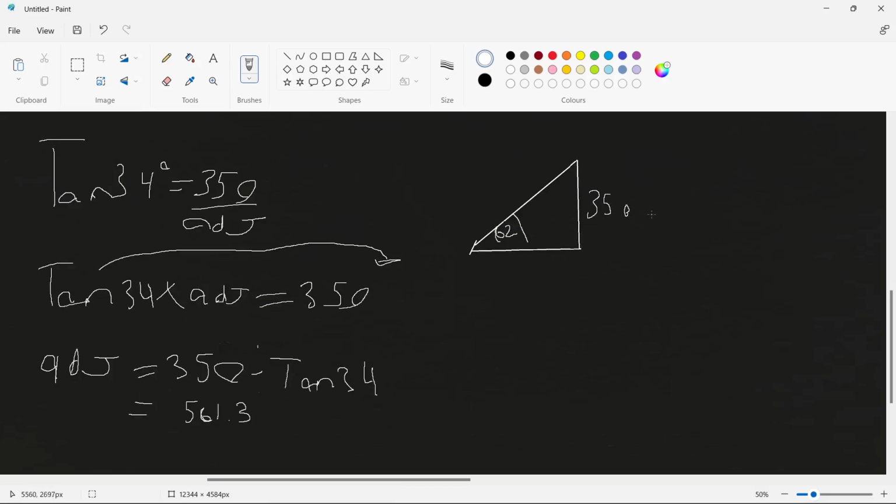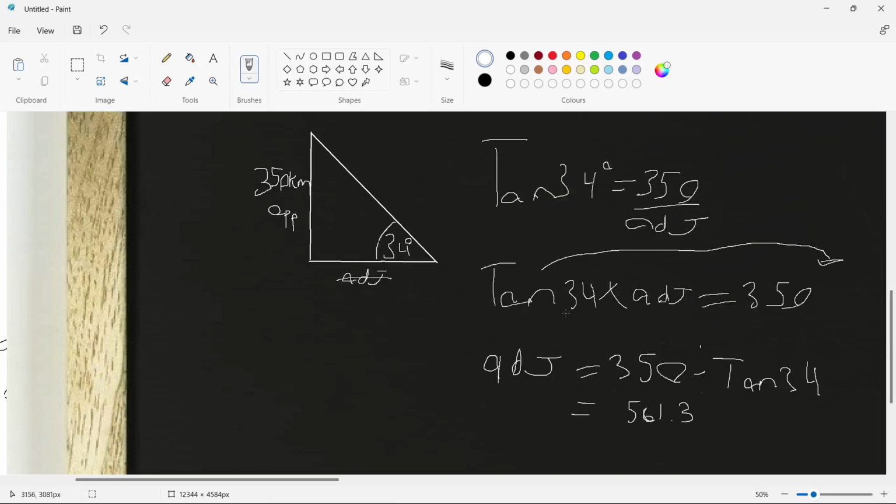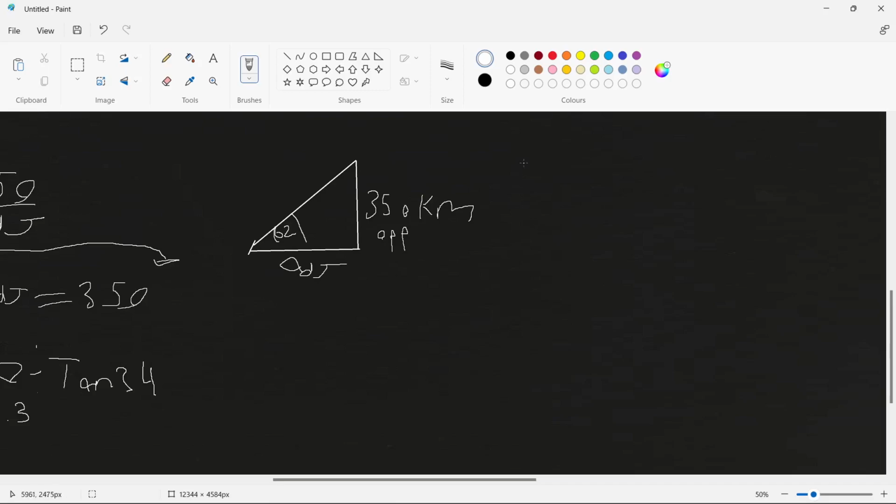This is the helicopter, this is the highway, 350. One thing I forgot to do is label the other edge. We'll see what I'm going to do with both of them after this. Again, this is going to be our edge. We're going to do the same formula, and we're going to use SOHCAHTOA.